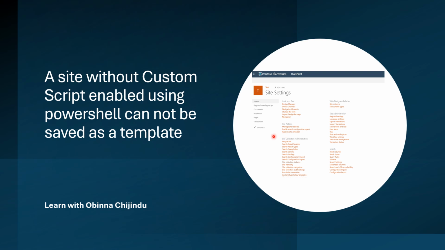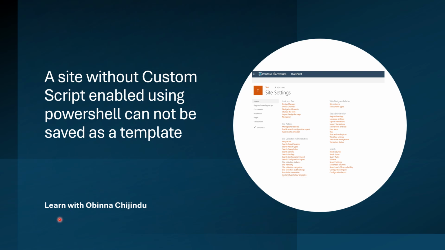Now, when a user creates a new site, automatically it is not enabled, and that's because the custom script is off on the tenant level and also turned off on the site level. So how do we enable the custom script on the site level as well as on the global level?